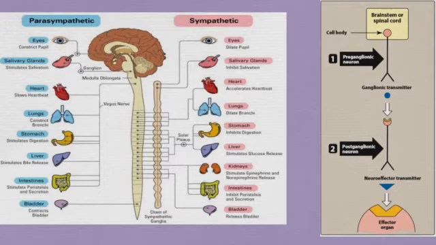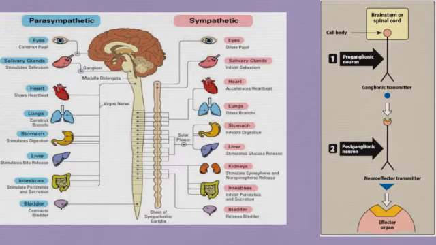You have to remember that the preganglionic neuron is the neuron which emerges from the brainstem or spinal cord. After emerging, it makes a synaptic connection in ganglia.